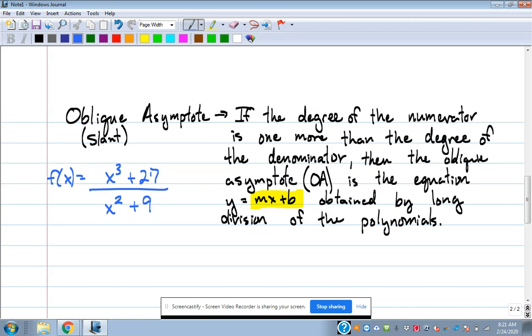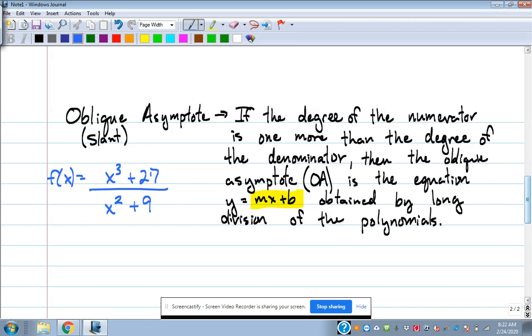Yeah, the leading coefficient ratio. That's what it's going to be. Simplify that fraction if it will. So those are the only ways that horizontal asymptotes occur. The only way that oblique asymptotes occur is if the degree of the numerator is what to the degree of the denominator? One more than. Numerator is one more than the denominator. So that's cubed over squared, fourth over third, fifth over fourth, something like that. And you're going to use long division to get there.